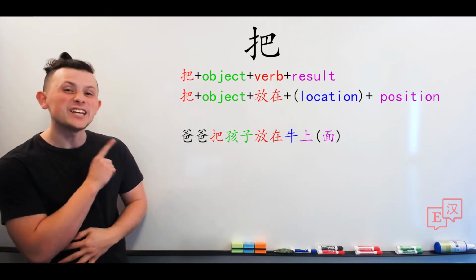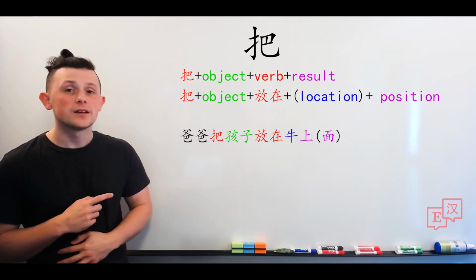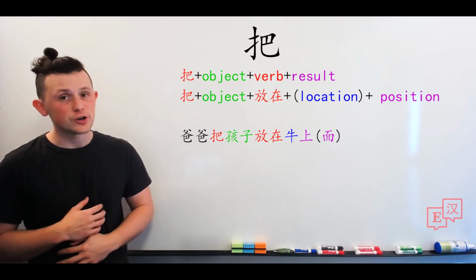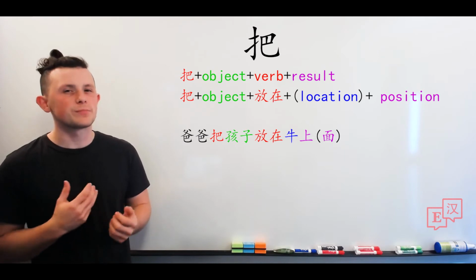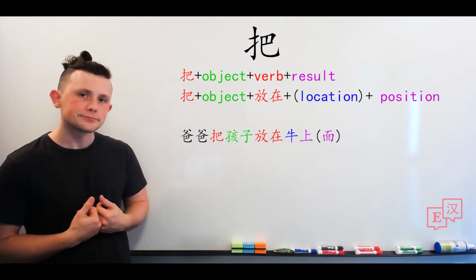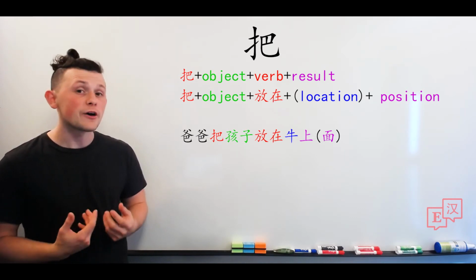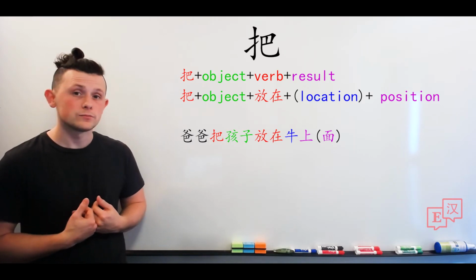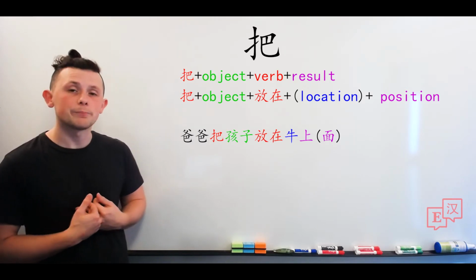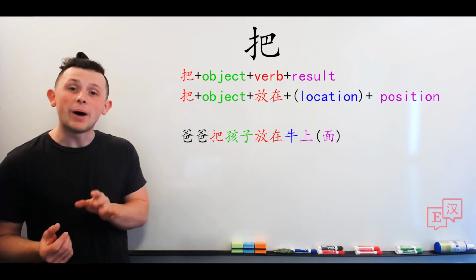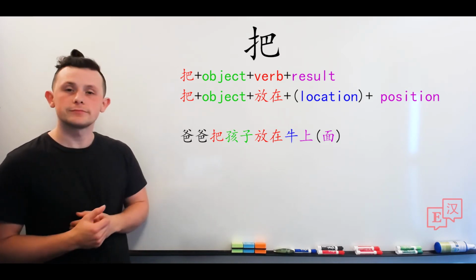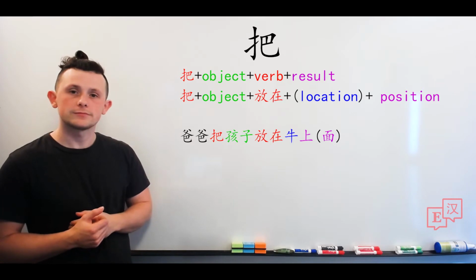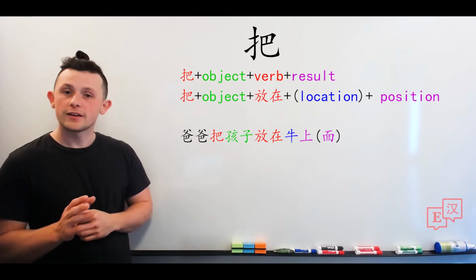Note, it has each of those pieces that we put in our structure. And all of those must be there or this loses an important piece of its meaning. So father put the child on the cow, or took the child, set him on the cow. 爸爸把孩子放在牛上。Our next example.